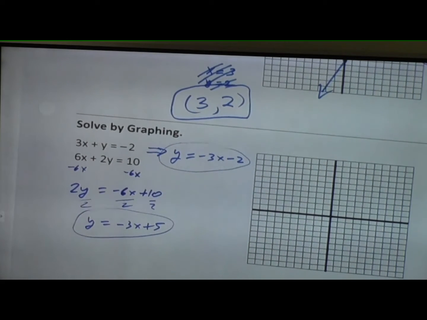If it helps anybody, I've made both of those y equals mx plus b forms, so you can make sure you write on those, and then graph them in there.